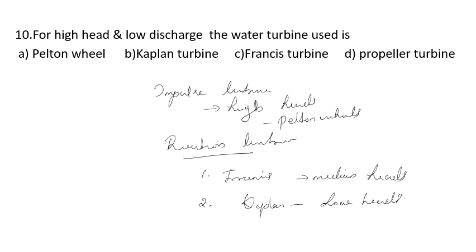Here, for high head and low discharge we use Pelton wheels, but for low or medium head and high discharge we use reaction turbines. In reaction turbines there are Francis and Kaplan turbines. If the head is medium, then Francis. For low head we use Kaplan turbines.